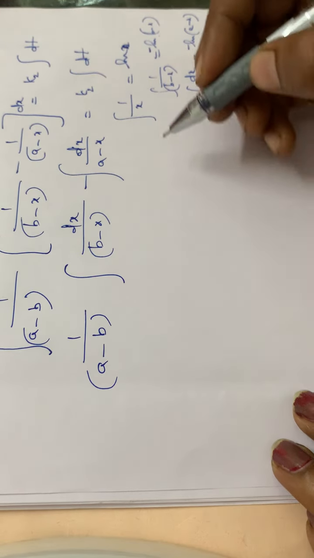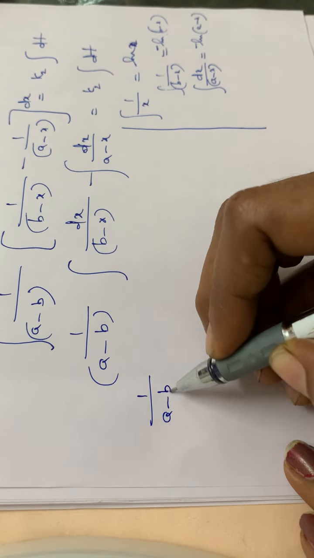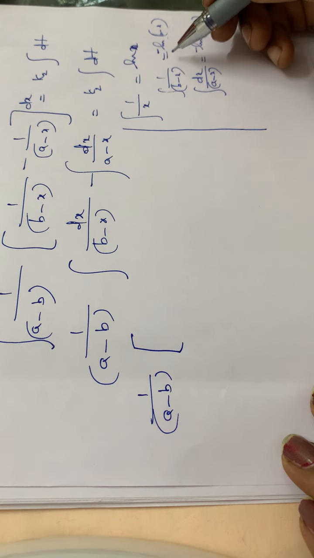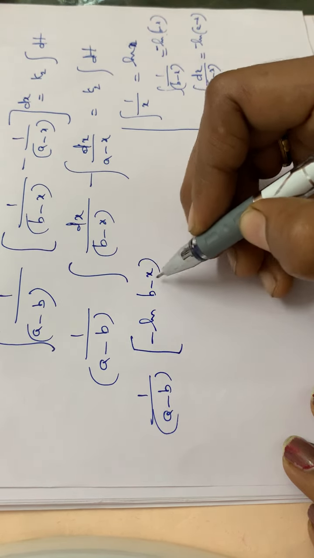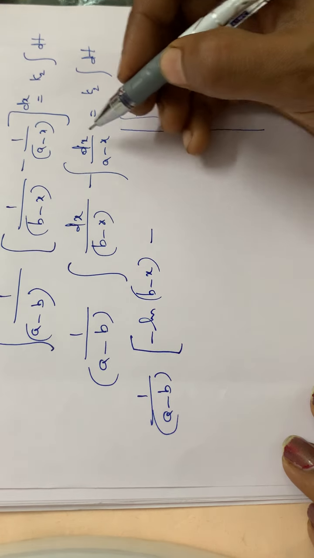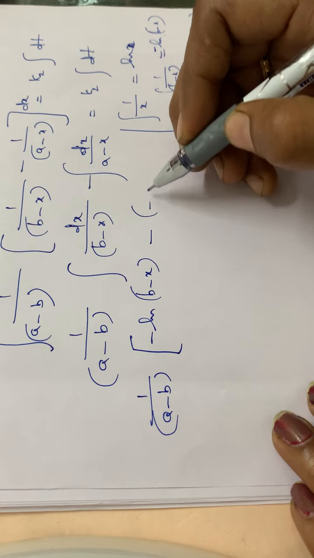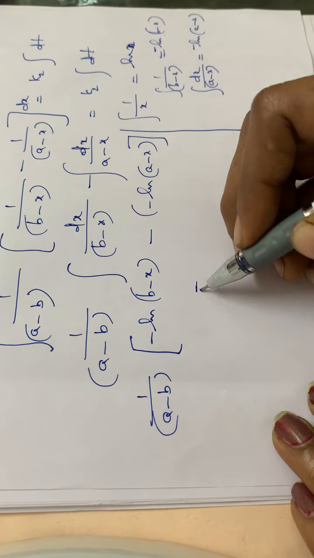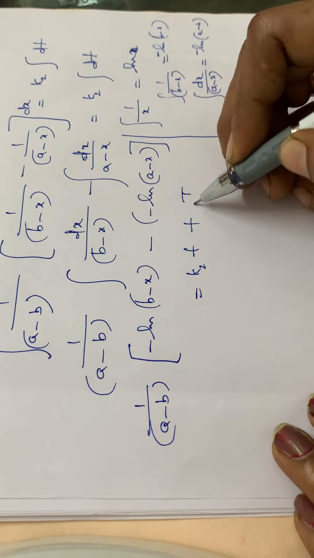So you have to substitute these values. 1 by A minus B into, dx divided by B minus X gives minus ln B minus X, and minus dx divided by A minus X gives plus ln A minus X, and that is equal to K2 into the integral of dt, which is t plus I, the constant of integration.